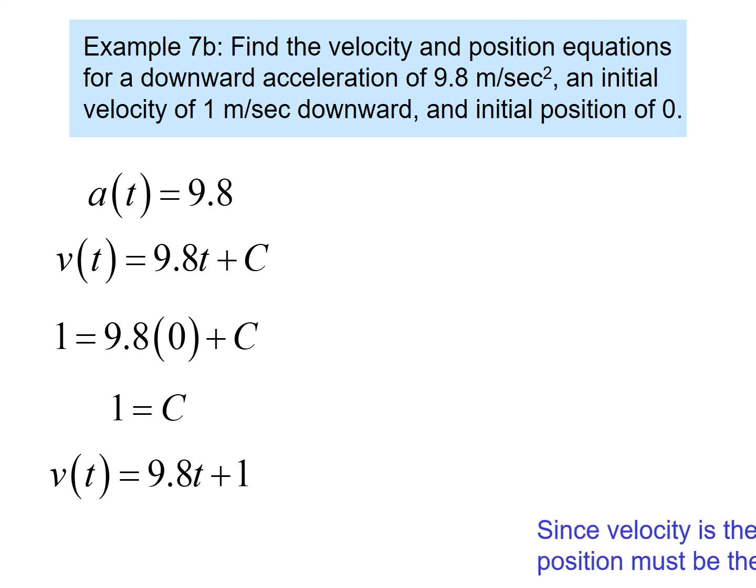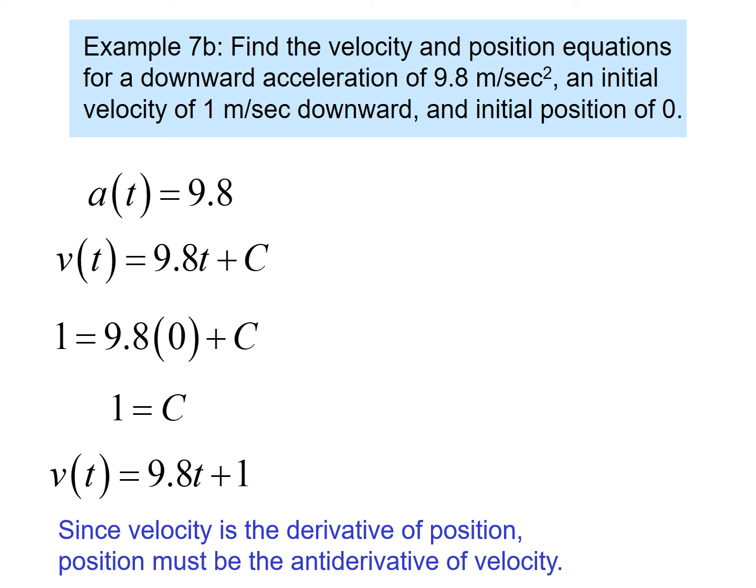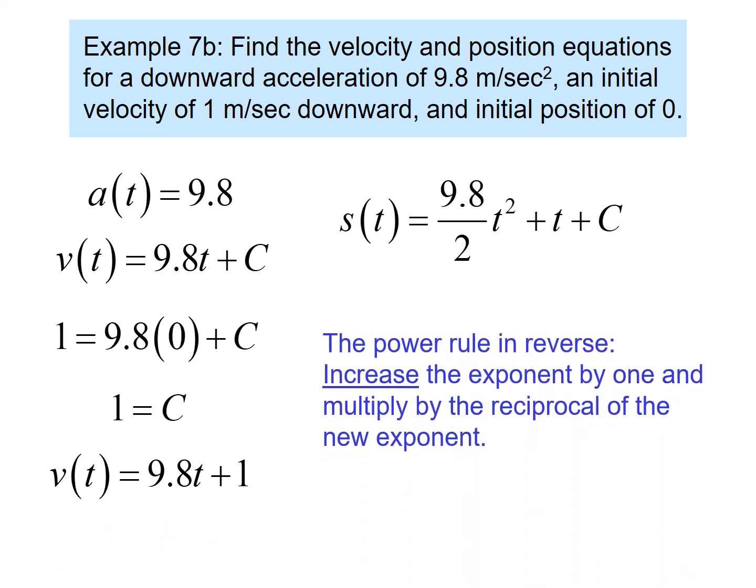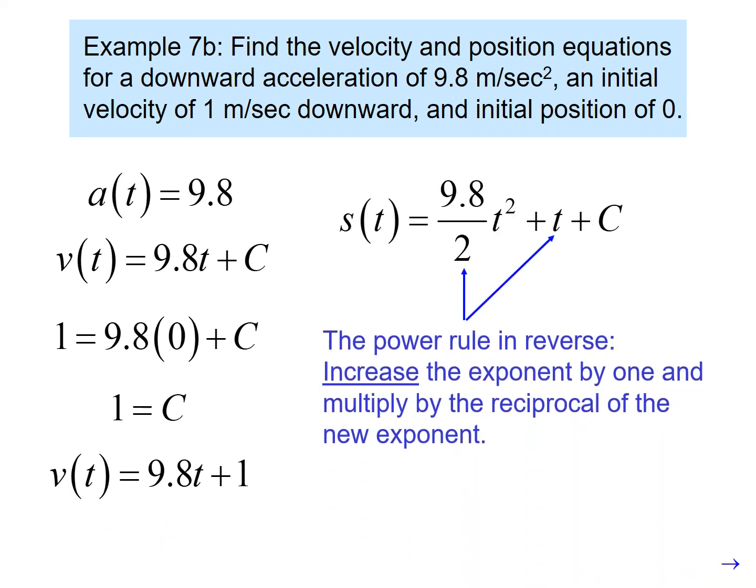Now to find position, take the antiderivative again. So we know that if we end up with a variable t, that would have been the derivative of t squared, or 1/2 t squared. So the antiderivative of 9.8t is 1/2 times 9.8t squared. The antiderivative of 1 is t.